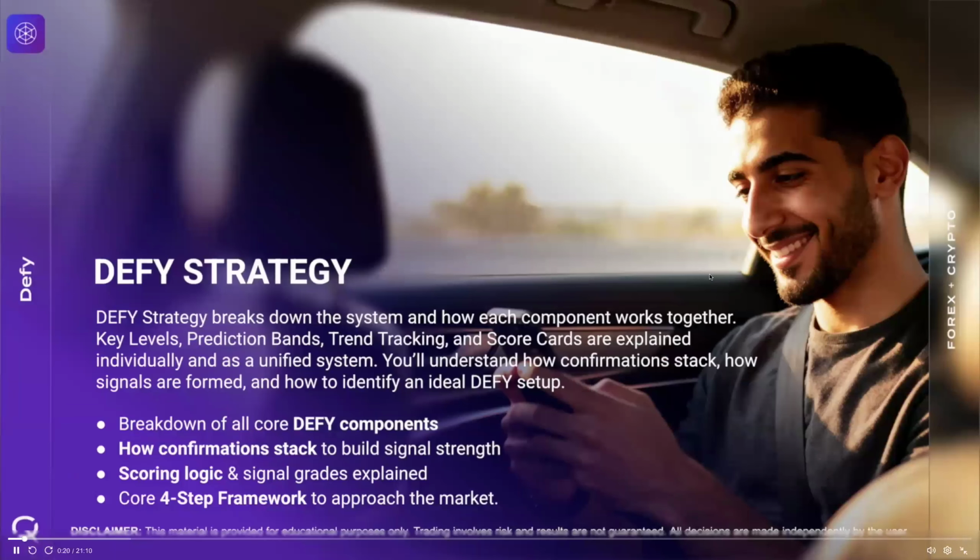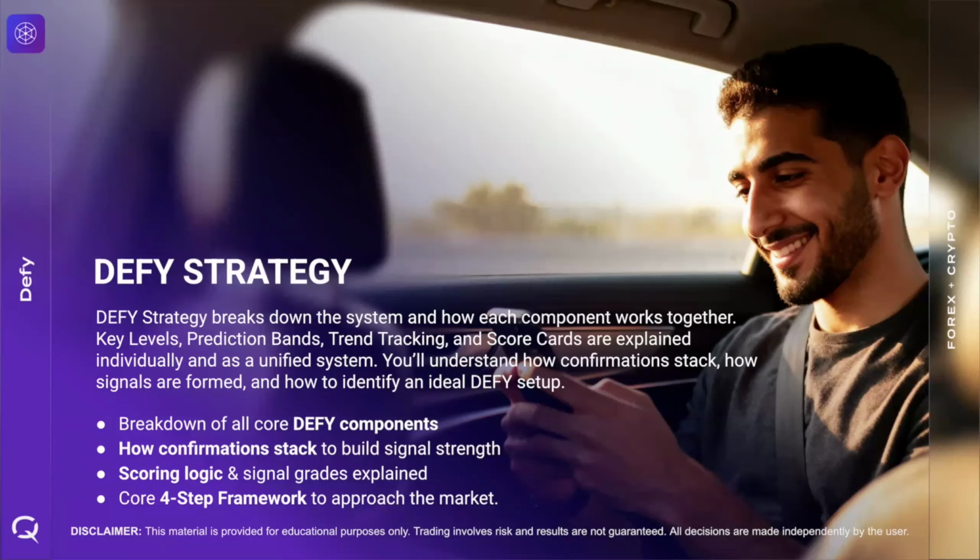And in this video here, we're going to cover the DeFi strategy in a little bit more detail. The DeFi strategy training here is going to break down the system and how each component works together. The key levels, the prediction bands, the trend tracking candles, and the scorecards all explained individually and also as a unified system.